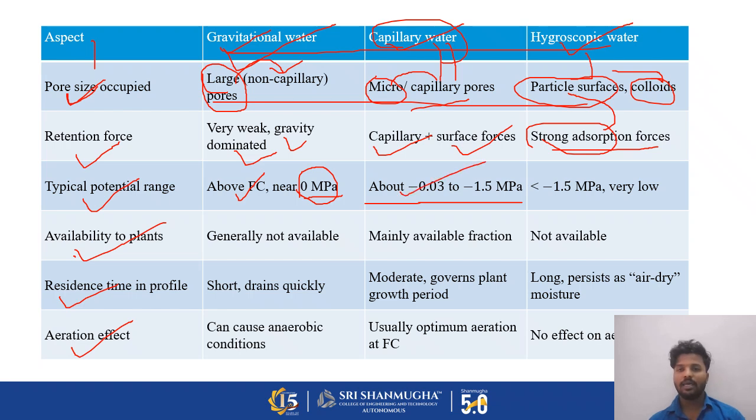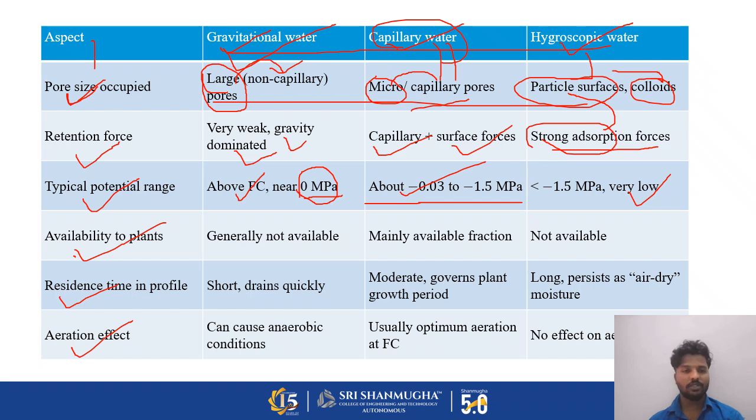Then the next one is hygroscopic water. The potential range for hygroscopic water is less than minus 1.5 megapascal, which is very low. So that's why this hygroscopic water is not available for plant growth.